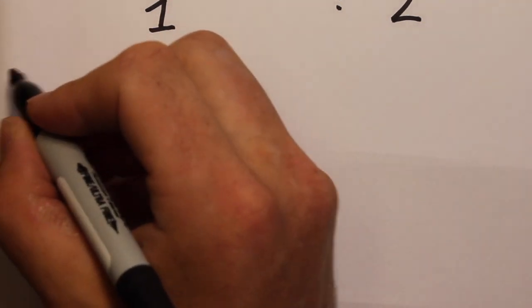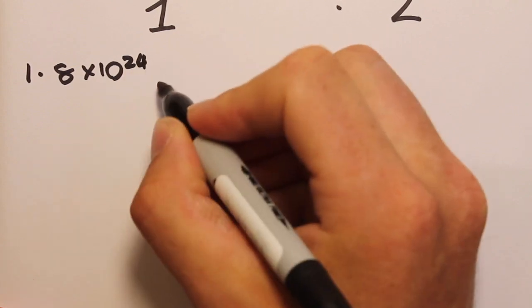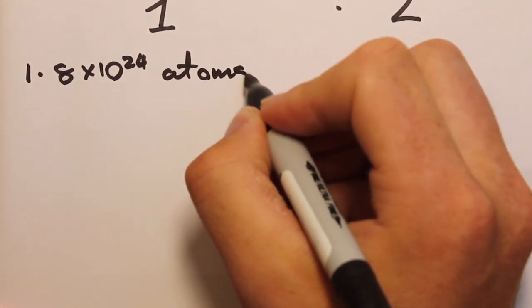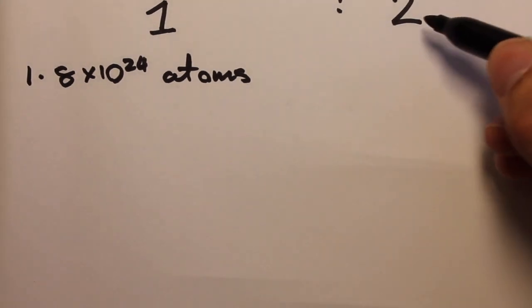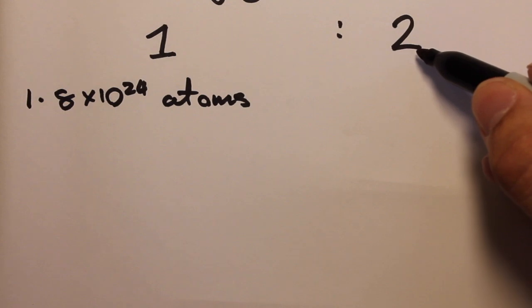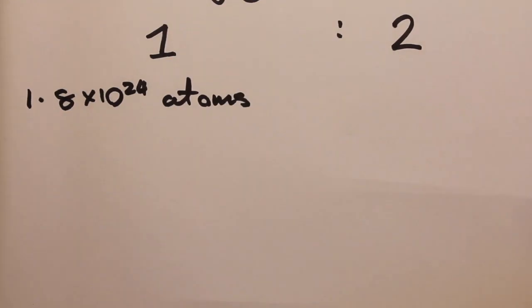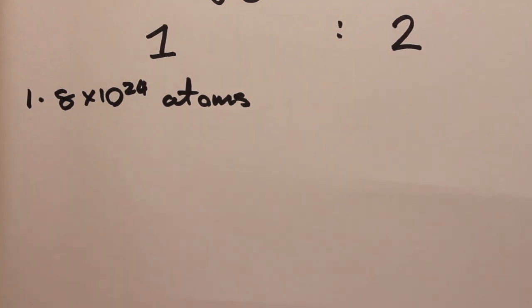Okay, so we're told that we have 1.8 by 10 to the 24 atoms of chlorine. So looking at the ratio, 2 atoms is to 1 molecule. So we have to divide our number of atoms here by 2.